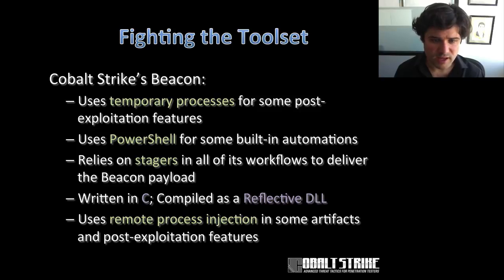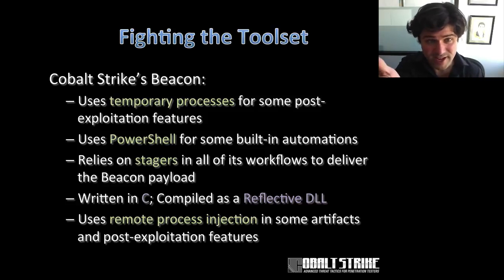Another thing about Cobalt Strike's beacon is that beacon is written in C and compiled as a reflective DLL. Whenever beacon is run, it is always resident in memory in some process as a memory-injected DLL. And this has advantages for an attacker. It allows us to run beacon without having to put something on disk potentially, excluding the thing that got us there, right?